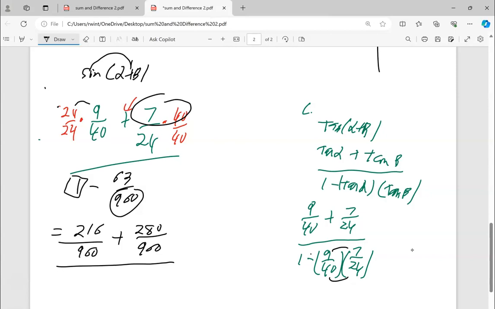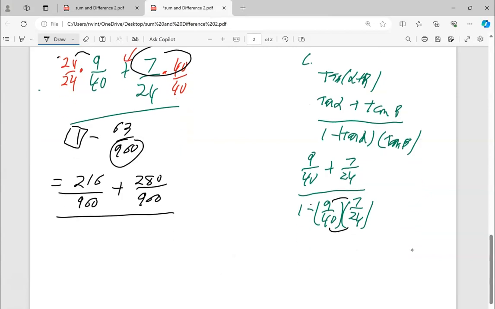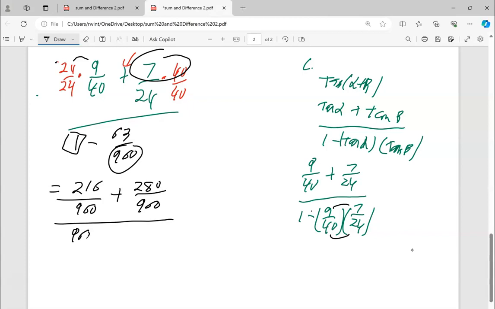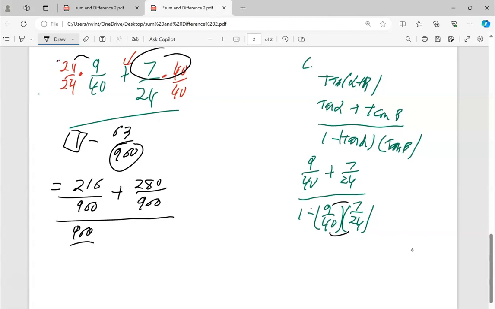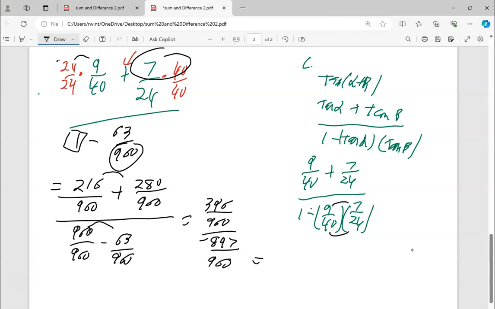I'm going to turn this 1 into 960 over 960. I'm just rewriting 1 so it has the same denominator as this. And let me see, that's 396 over 960, over 960 minus 63 over 960, which is 897 over 960.